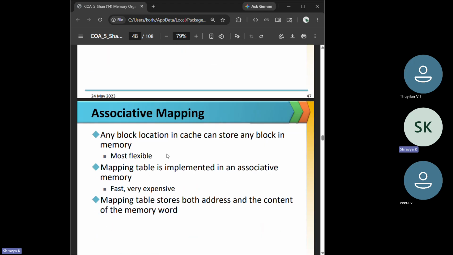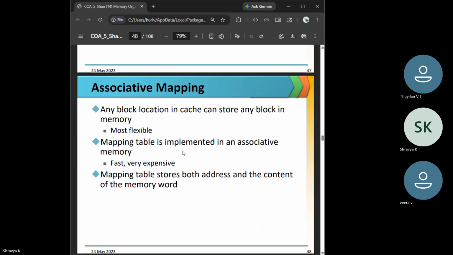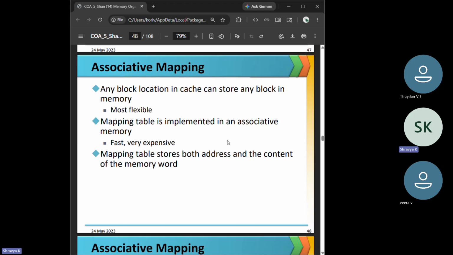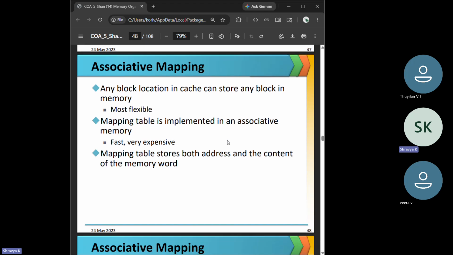So any block location in the cache that is empty can directly take in a block from the memory if required. A mapping table is implemented in an associative memory, and this is very fast and very expensive. It's called associative because the order doesn't matter, right?